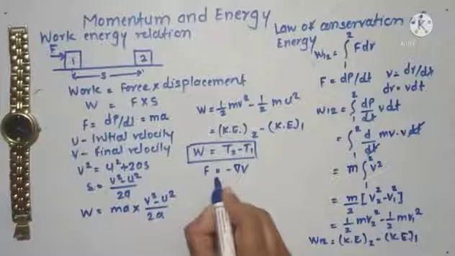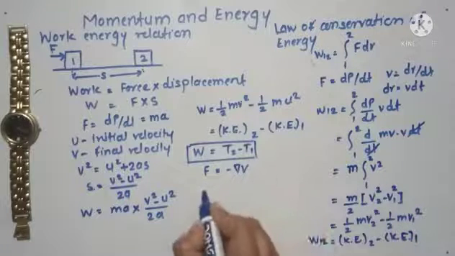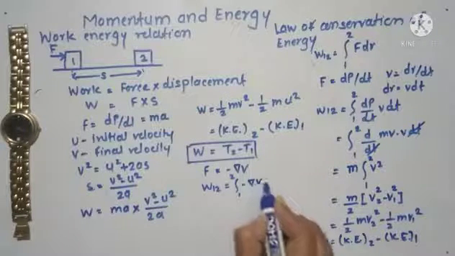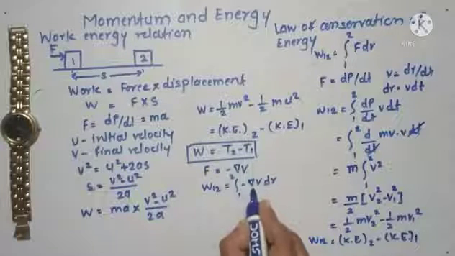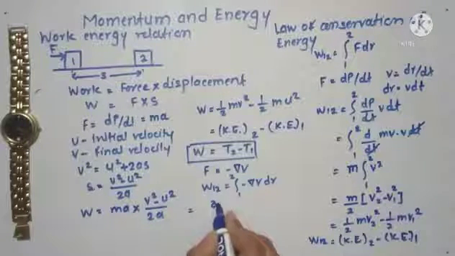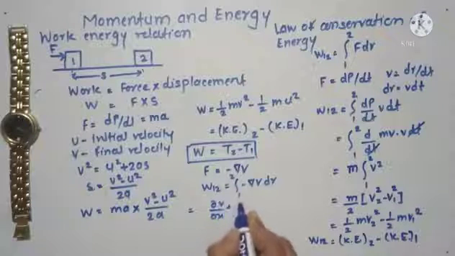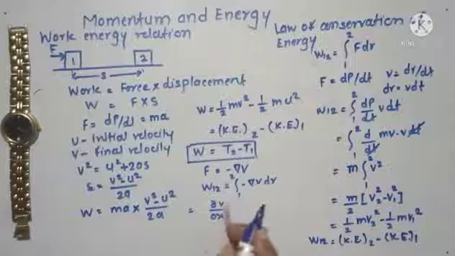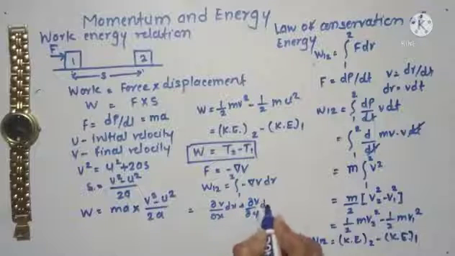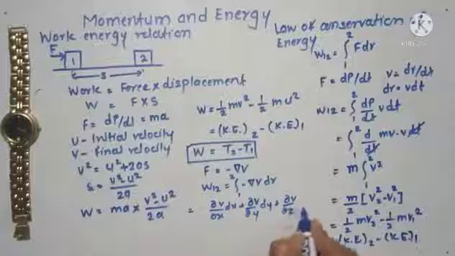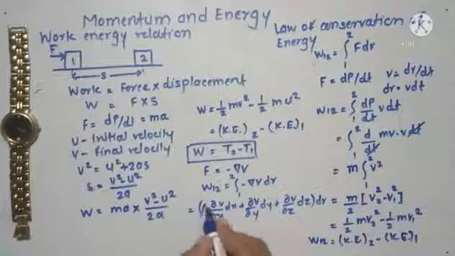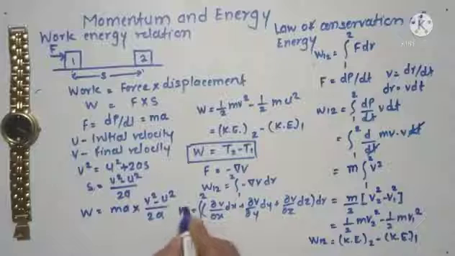So if I put the value of this F into this equation, W12 is equal to the integral from 1 to 2 of minus gradient V into dr. This gradient is nothing but the gradient of the scalar potential, which we studied in the first unit, which is del by del x into dx plus del V upon del y into dy plus del V upon del z into dz, into this dr, integrated from 1 to 2, which is nothing but W12.